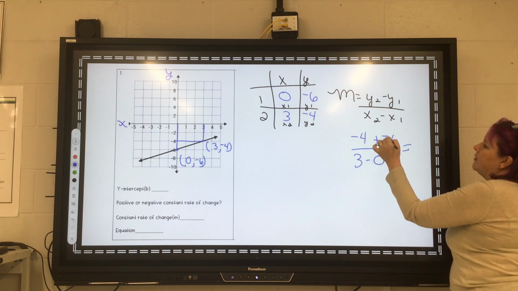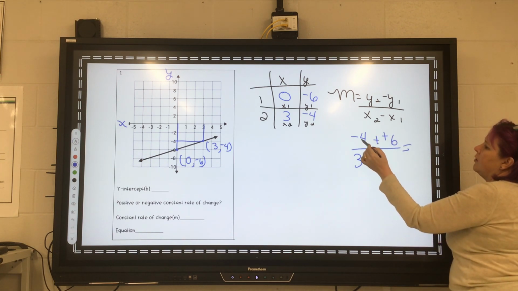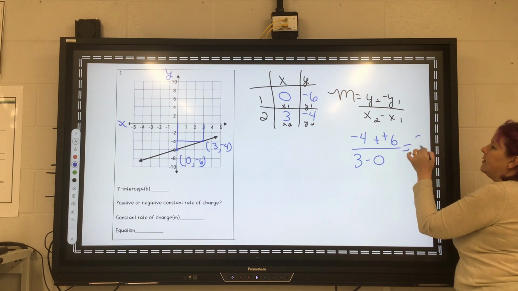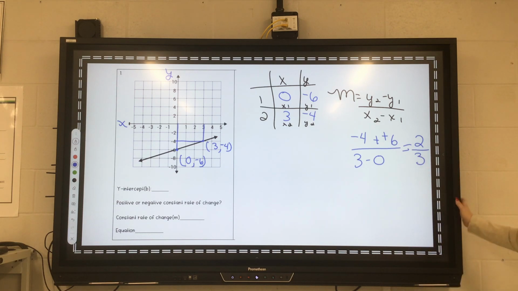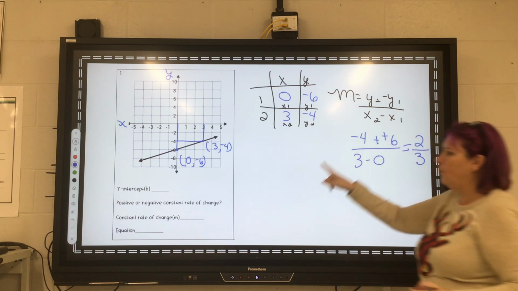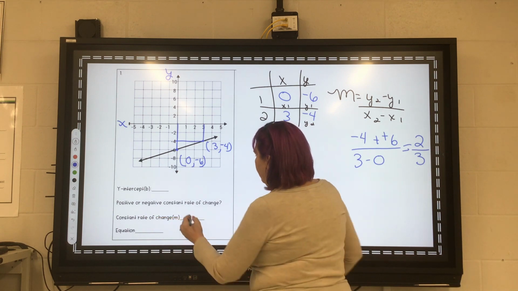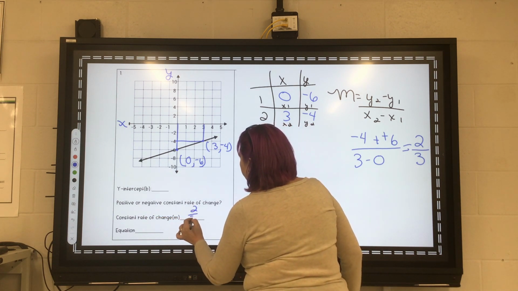Remember, this change is positive. So -4 minus -6 is 2. 3 minus 0 is 3. So my rate of change, m, is 2 over 3.